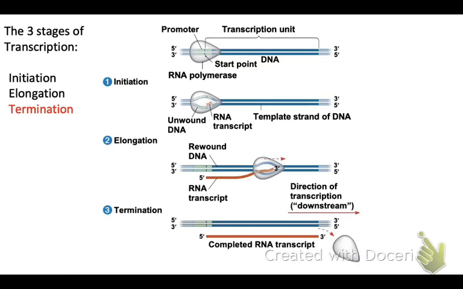That's on the next slide. In eukaryotes, there's an alternative mechanism for ending transcription, where RNA polymerase 2 transcribes what's called a polyadenylation signal sequence, and then the RNA transcript is released about 10 to 35 nucleotides past that polyadenylation sequence.